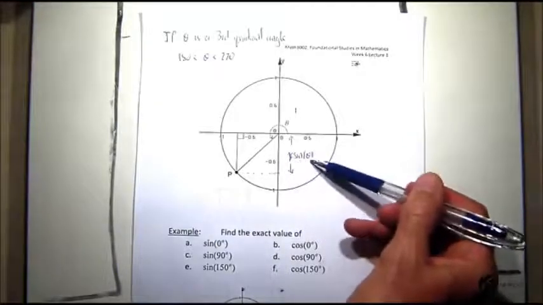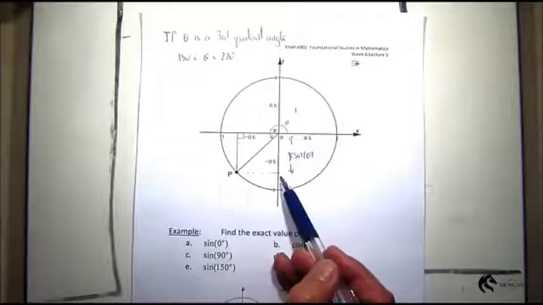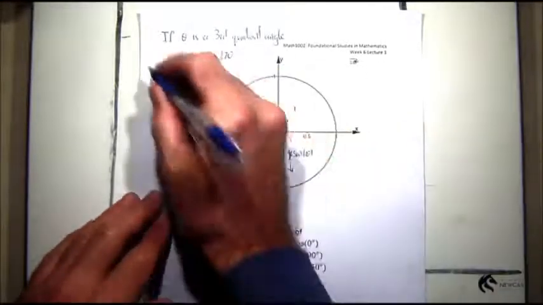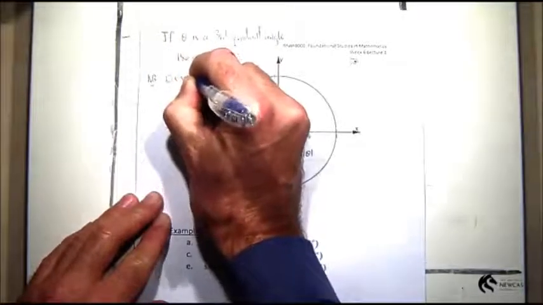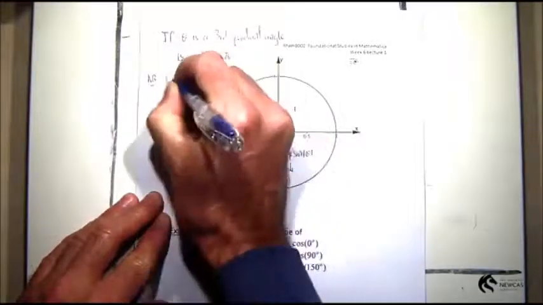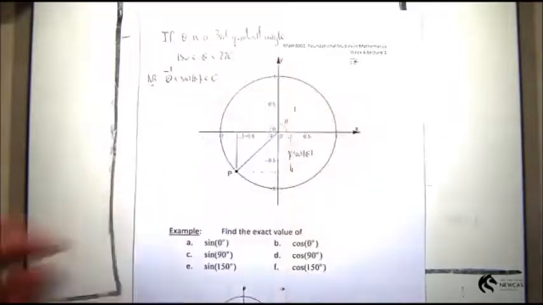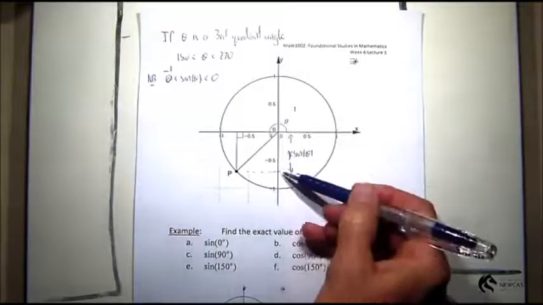So in this case, sine theta is in fact negative because this y-coordinate is negative. I'll put it over here: note that -1 is less than sine theta is less than 0 in that case. The y-coordinate is negative.